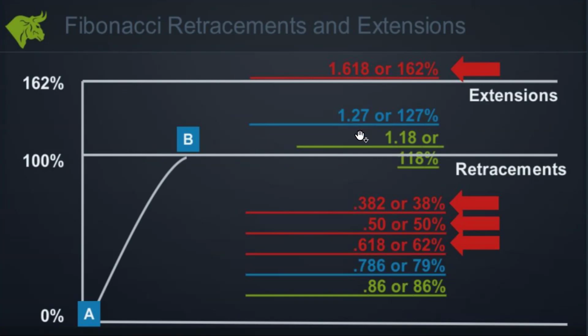So 1.27 times 100 is 127%. 1.18 times 100 is 118%. 1.618 times 100 is 162%. So everything above 100, anything you see as 1 point something, they are all extension levels. Then anything you see as 0 point something, they are all retracement levels.